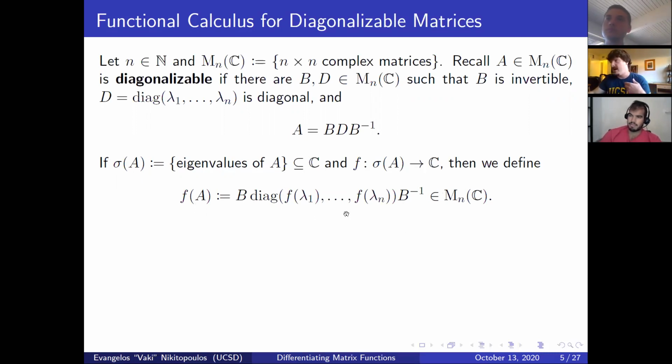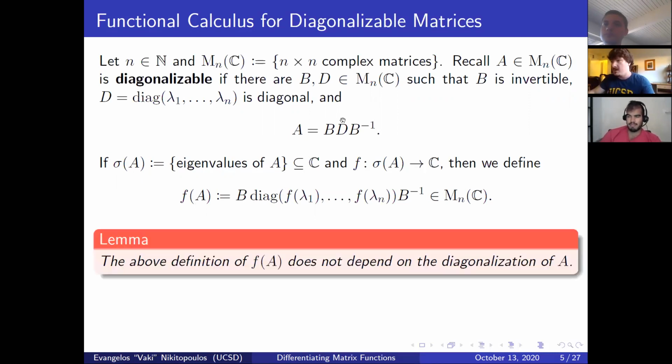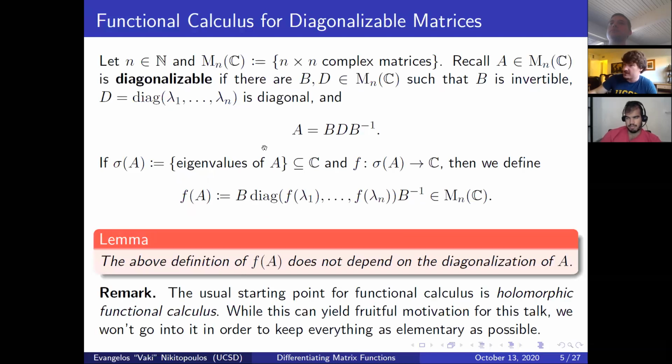This, on the face of it, seems to depend on the diagonalization, but a nice exercise or lemma will tell you that the above definition of f of A does not depend on the diagonalization of A, that is, the B, D and B inverse that I chose. Now, I told you I'm going to stick to diagonalizable matrices, but I'll make a remark here for those who know a little bit more functional analysis.